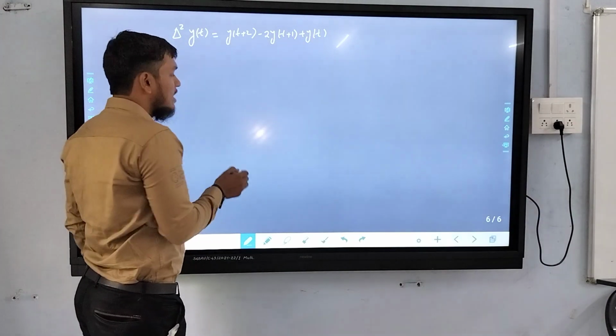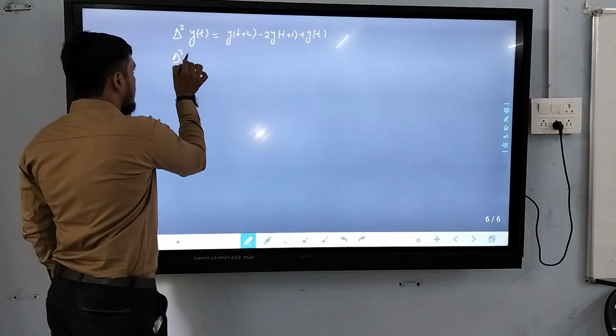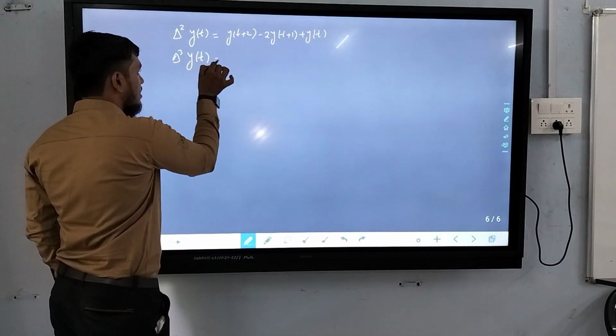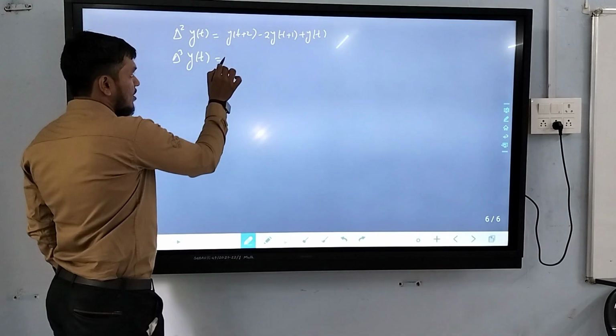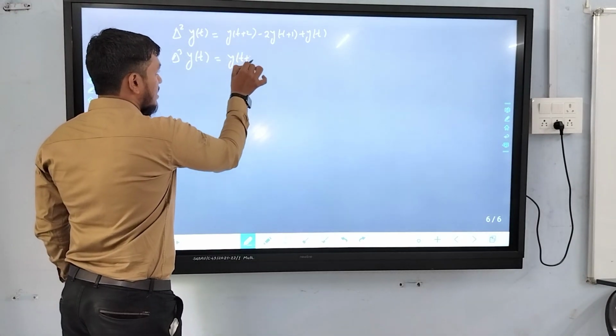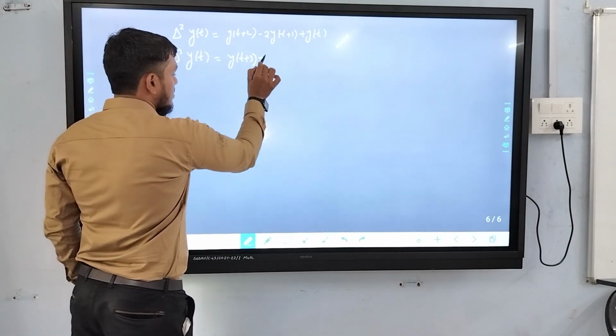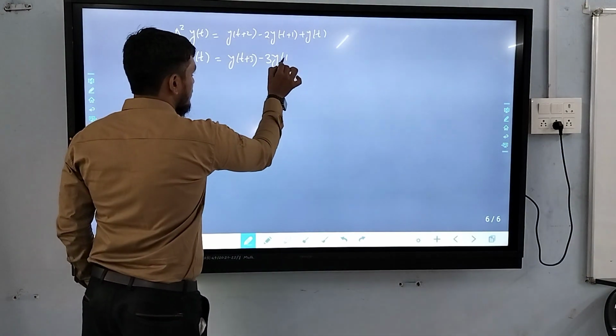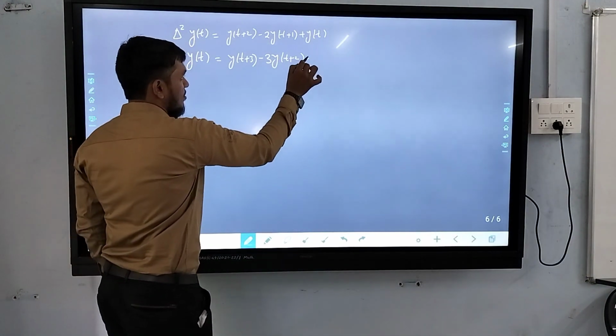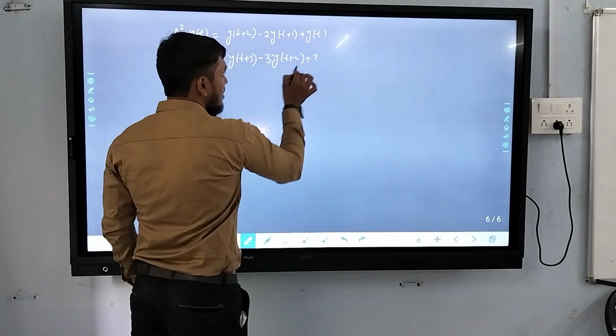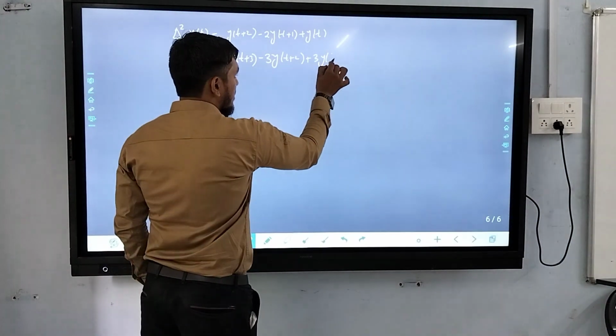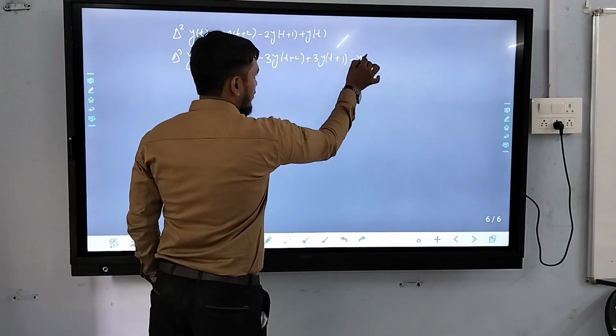Similarly, we can find the value of delta cube y of t, which is y of t plus 3 minus 3 y of t plus 2 plus 3 y of t plus 1 minus y of t.